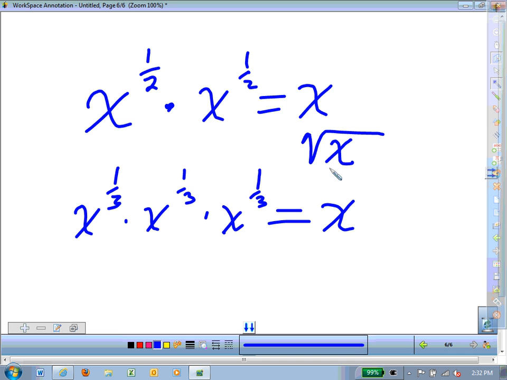So there's another notation for the same thing. That really represents half of x in terms of factors, doesn't it? If I took the square root of x twice, I get back to x. So they have to be the same thing. Which is true of this one, which is instead of the square root, it must be the cube root.